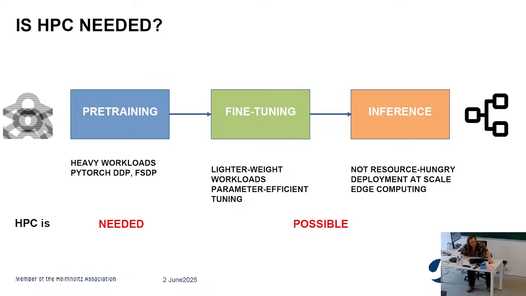Then the second and third stage, do we need HPC there? Well, yeah, we can use it, depending on the workload, of course. Not all downstream tasks are the same, clearly.